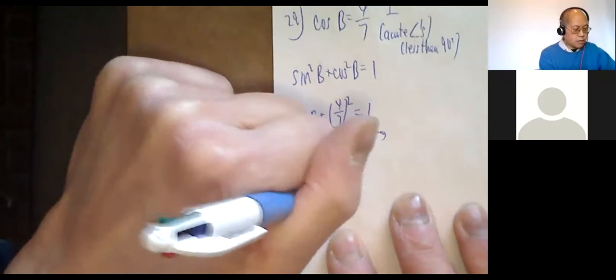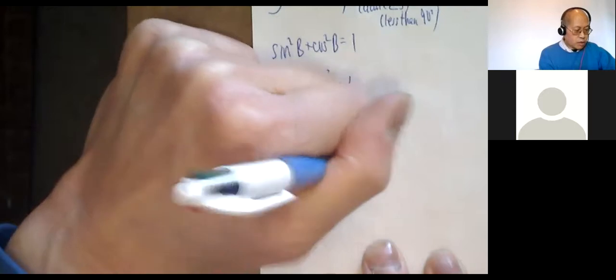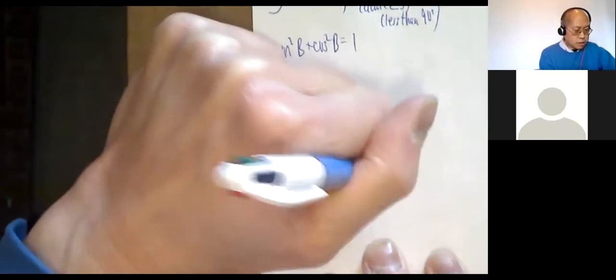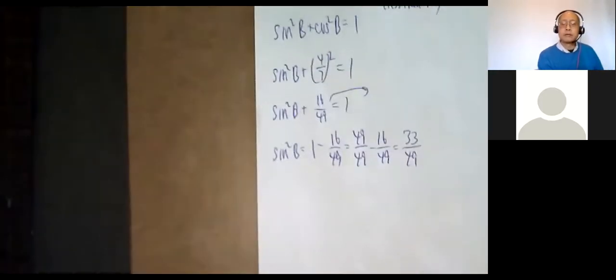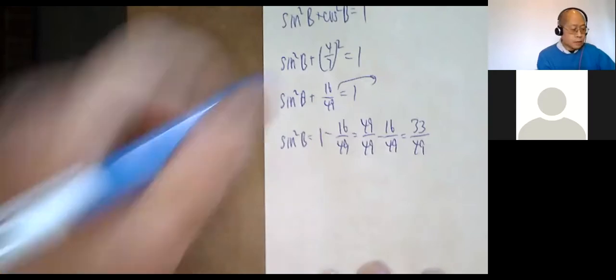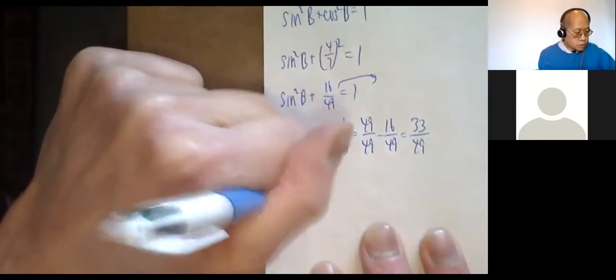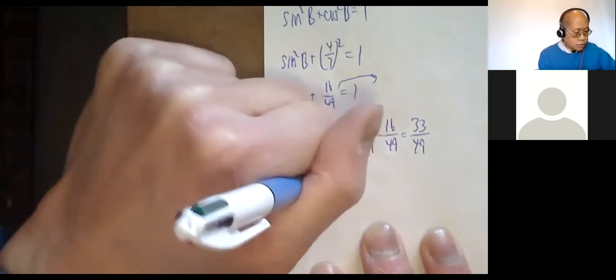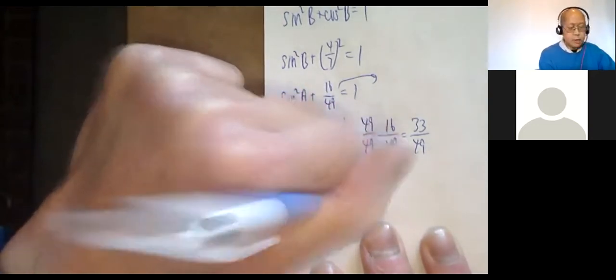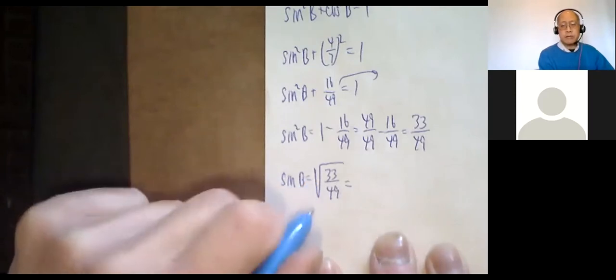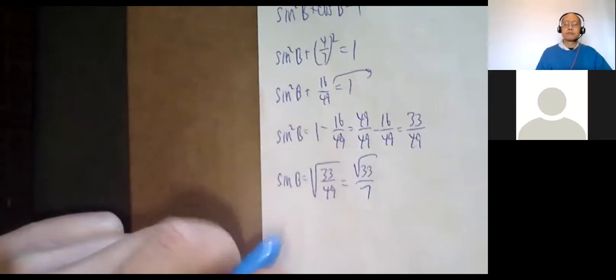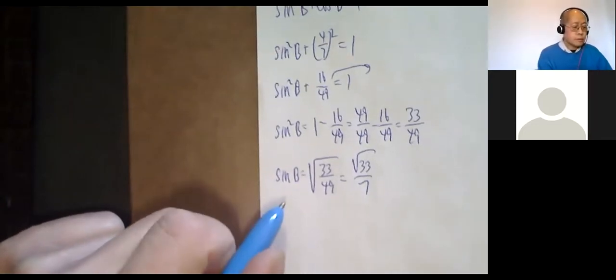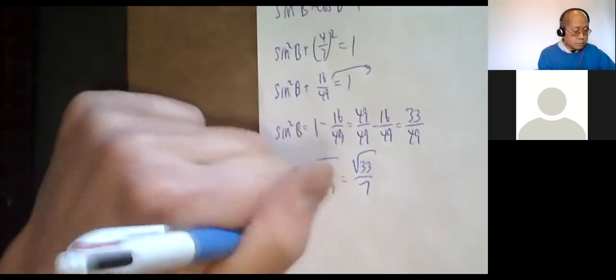Sine squared B is 1 minus 16/49, which is 49/49 minus 16/49, which is 33/49. Get the square root. Sine B is square root of 33/49. Can't do anything with the square root of 33, but the square root of 49 is 7. Then I got the rest.